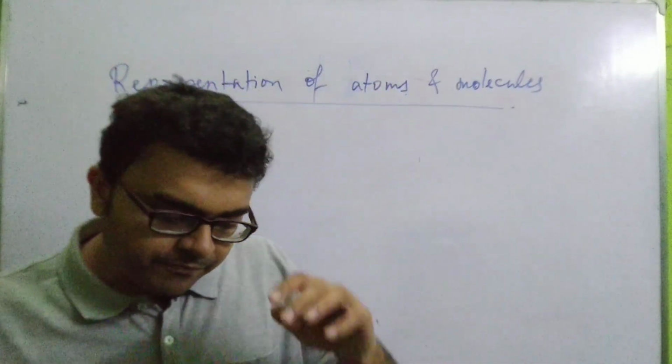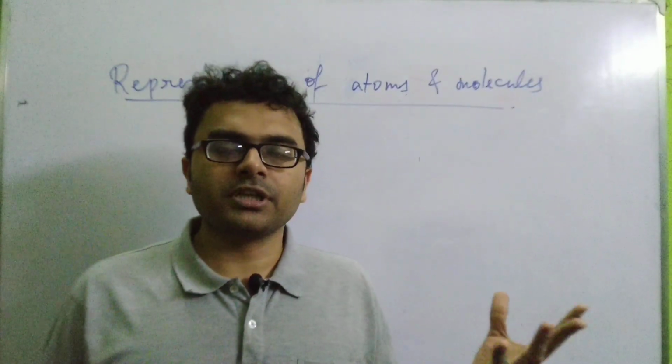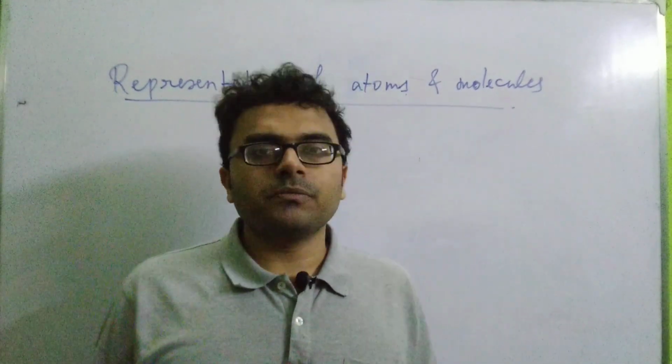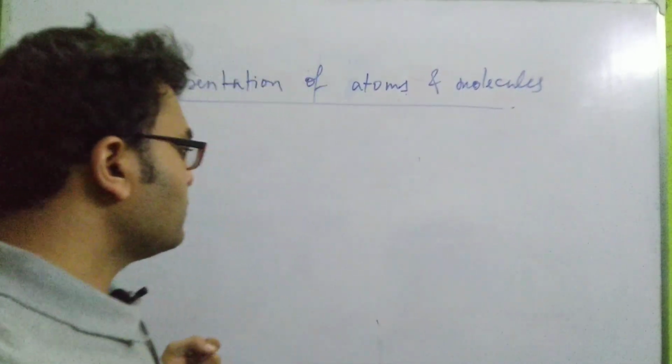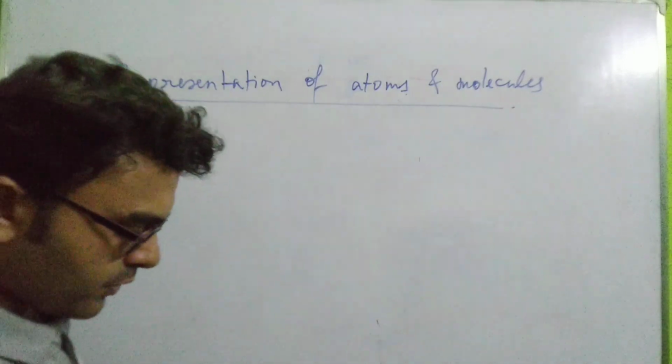Now, molecules are formed by the combination of atoms. We will discuss that in detail in a later class. Today we are going to consider how we can represent those atoms and molecules. First of all, when we are trying to represent the atoms of different elements, say sodium, oxygen, potassium, iron, whatever it may be, there are certain short forms.